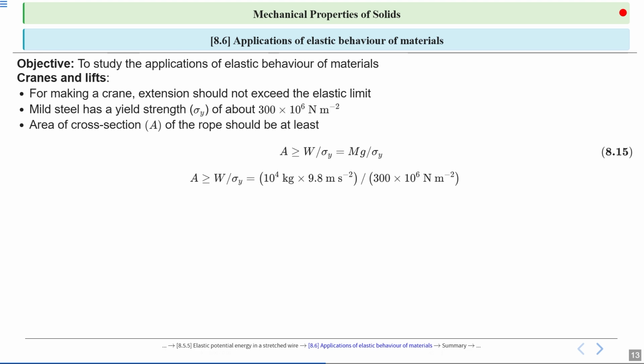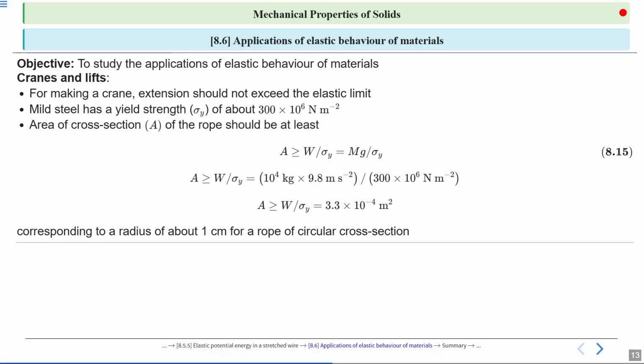So just put the values in. After calculating, we find that the area should be at least 3.3 times 10 to the power of minus 4 square meters, corresponding to a radius of about 1 centimeter for a rope of circular cross section.